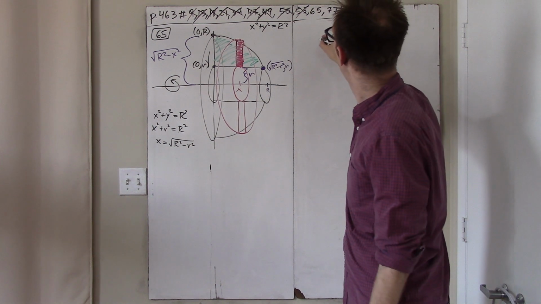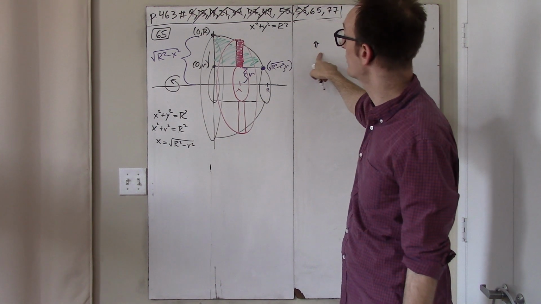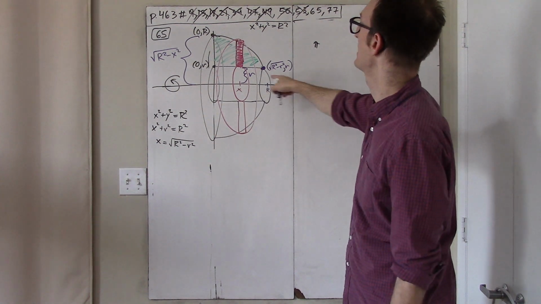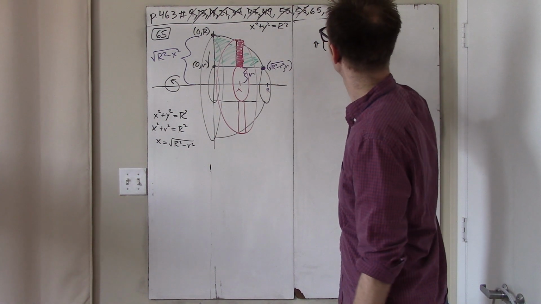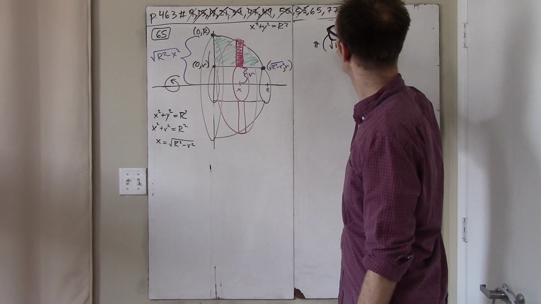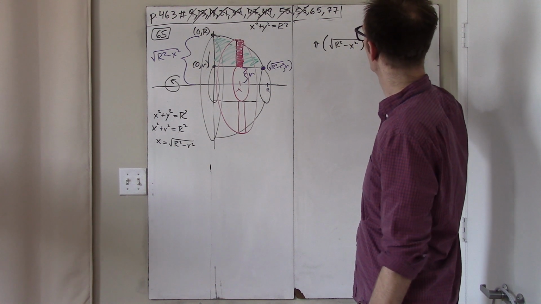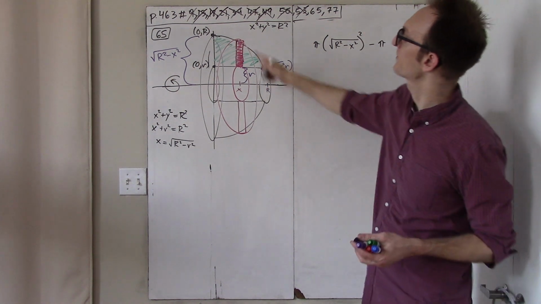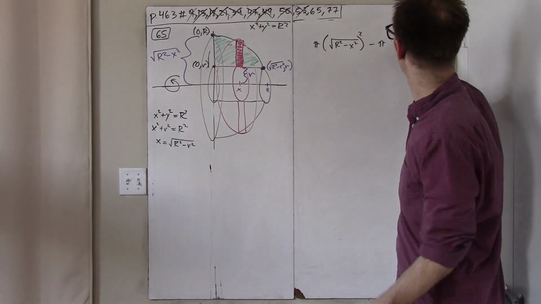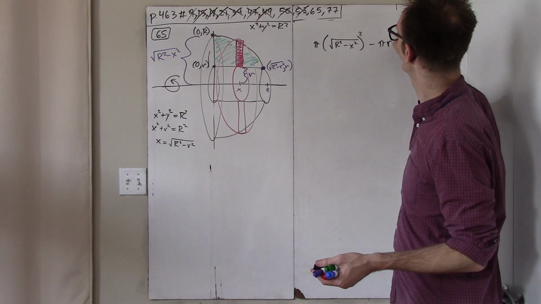I'm going to do pi times the outer radius, which is root big R squared minus x squared, minus the area of the inner circle, which is going to be pi little r squared.